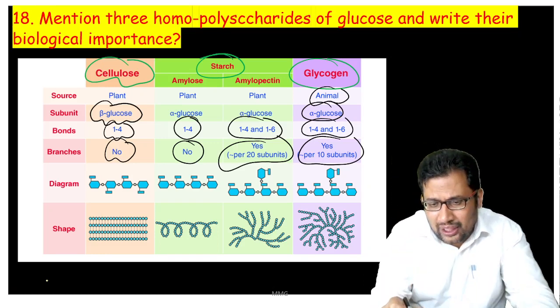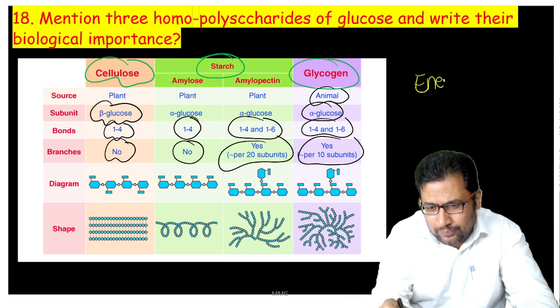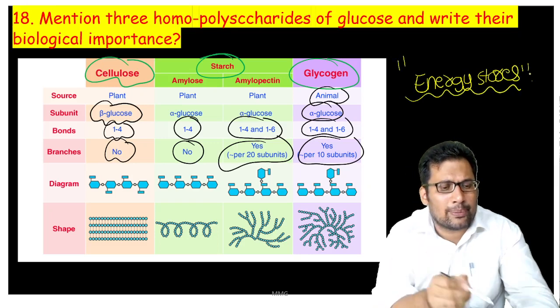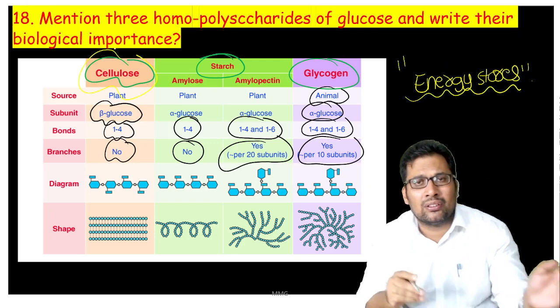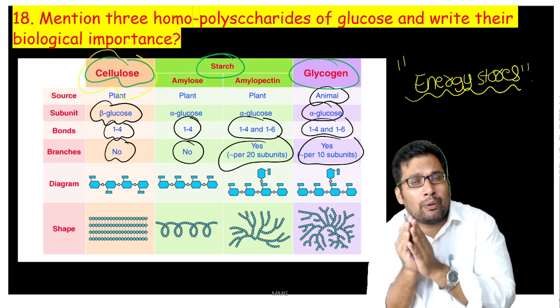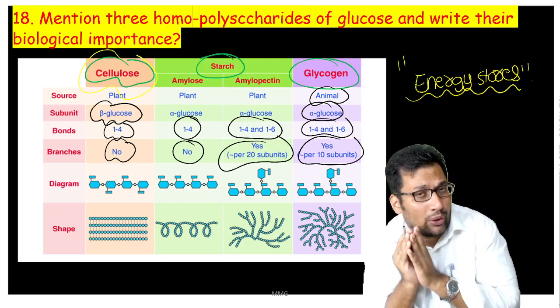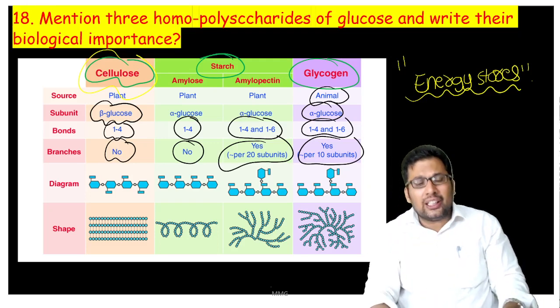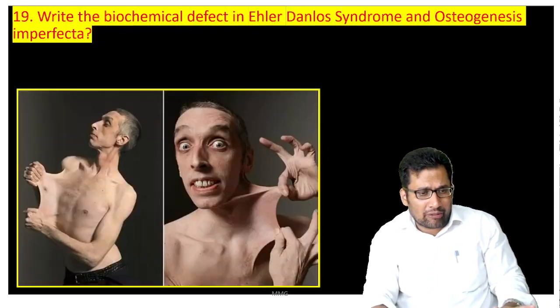So they are nothing but energy stores. Cellulose, remember, is a dietary fiber, which is very important in preventing certain diseases like bowel cancer also. So that completes question number 18. If you mention 3 points, more than enough.